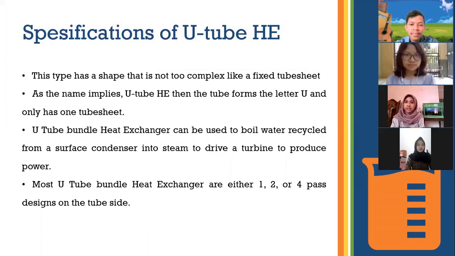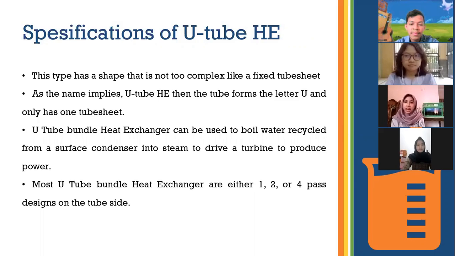Next is the specification of the U-tube Heat Exchanger. First, it has a shape that is not too complex, like a fixed tube sheet, so the manufacturing cost is not too expensive. As the name implies, the tube forms the letter U and there is only one tube sheet.